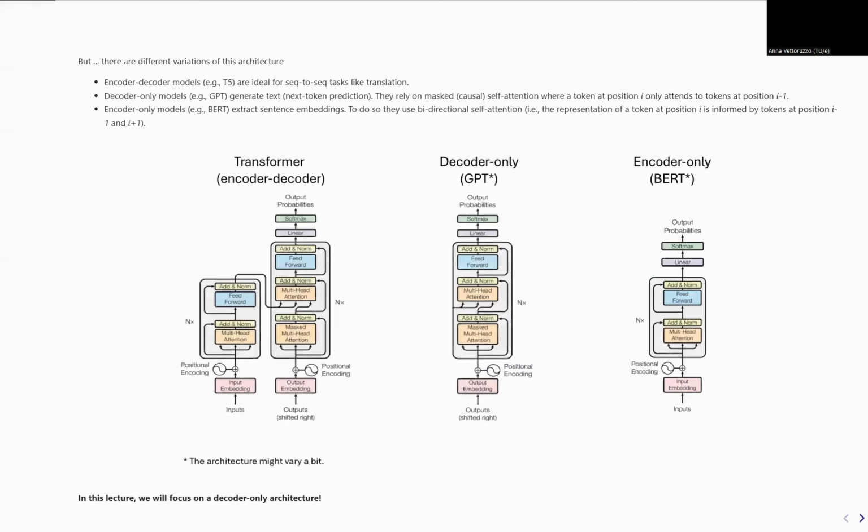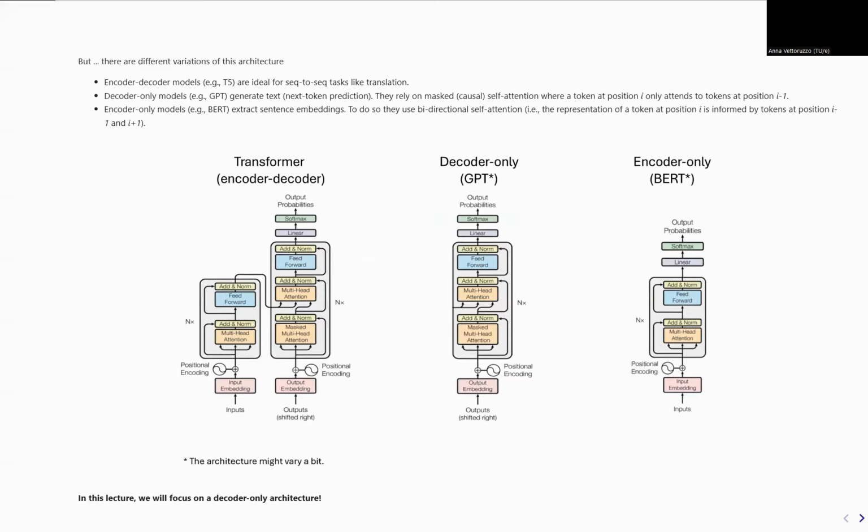We also know now that there are different variations of this architecture. Indeed, we have the standard encoder-decoder architecture, such as the T5 model, which was very popular in 2018. And these architectures are ideal for sequence-to-sequence tasks, such as translation.